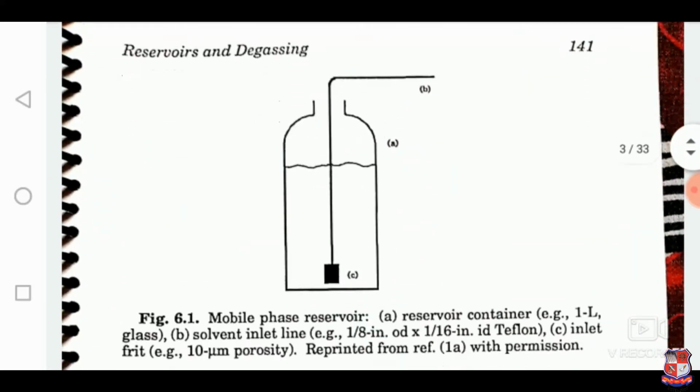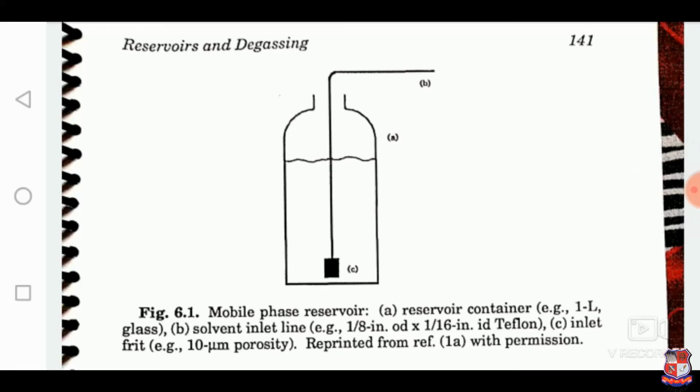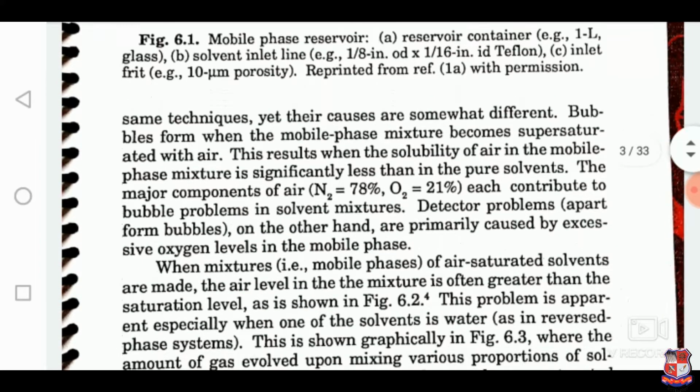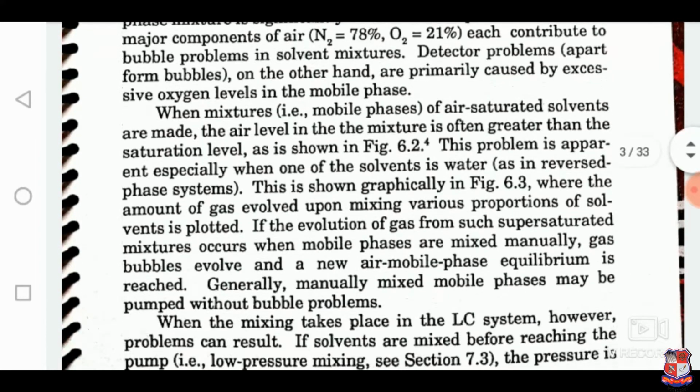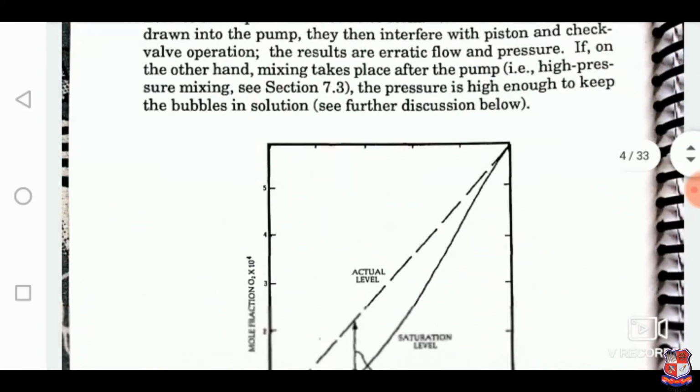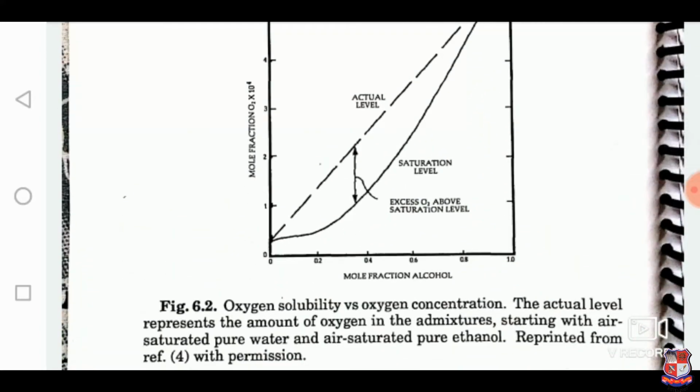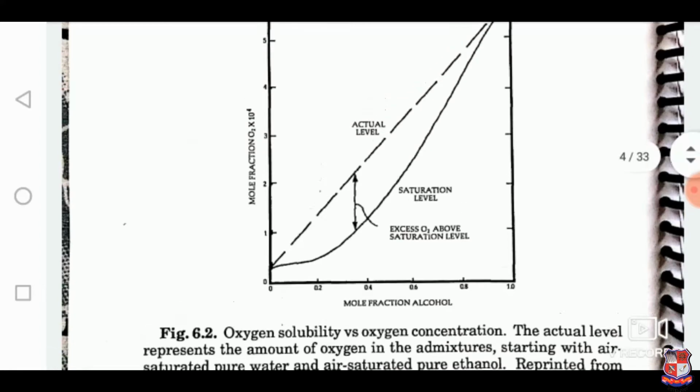This is a schematic representation of a mobile phase reservoir. Here you can see that the major components of air are 78% nitrogen and 21% oxygen. Each contributes to the bubble problem in solvent mixtures. This is a graph illustrating oxygen solubility versus oxygen concentration.